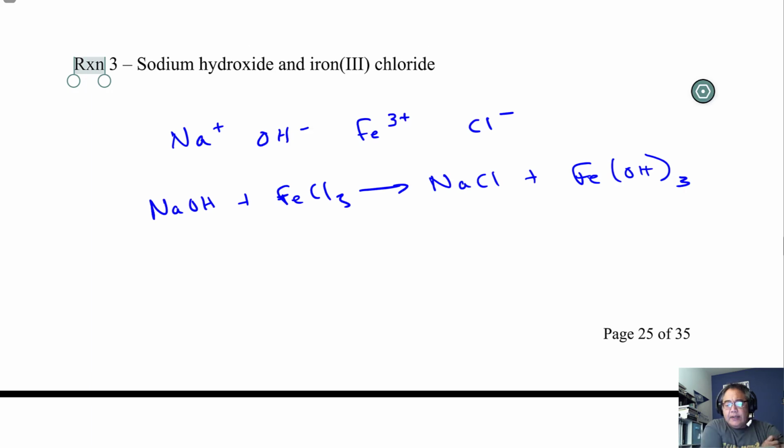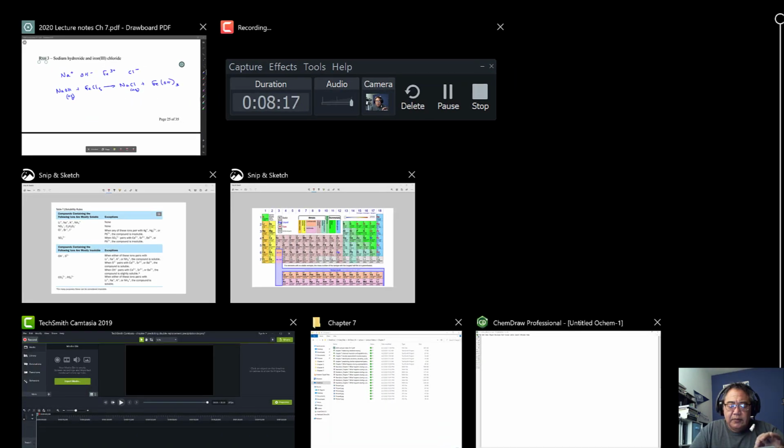Okay, so these are the reactants and products, and if you look, this is group 1 for sodium, so this is aqueous. The sodium hydroxide will be aqueous because of sodium. And then all that we're left with is the chloride and the hydroxide of iron. So we'll go to our solubility rules.